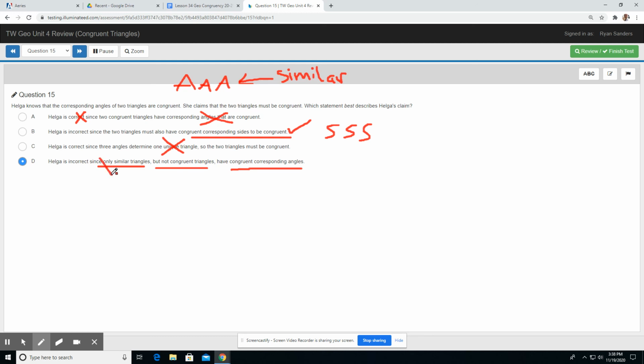No, not only similar. Congruent triangles can also have corresponding congruent angles. They have to. If the triangles are the same, their angles and sides are the same, so that's not a true statement, but that's real tricky how they worded it. So it has to be this one: since the two triangles must also have congruent corresponding sides to be congruent.